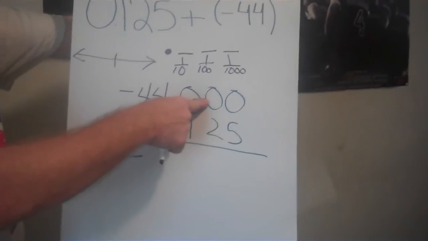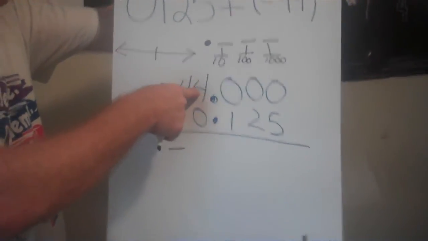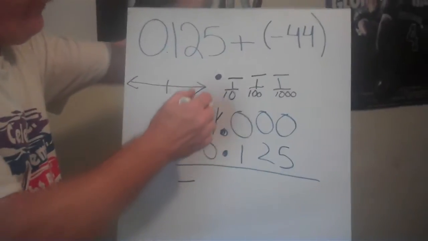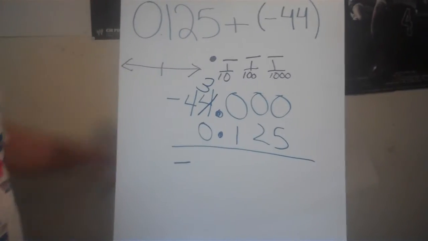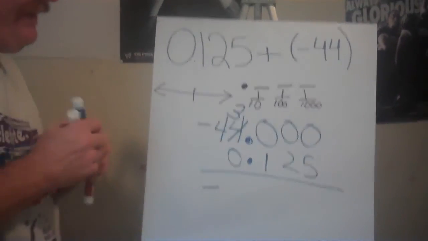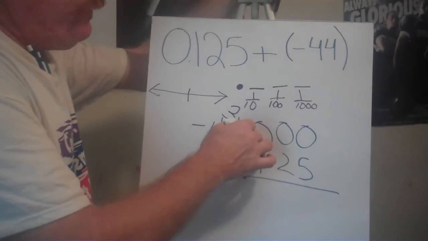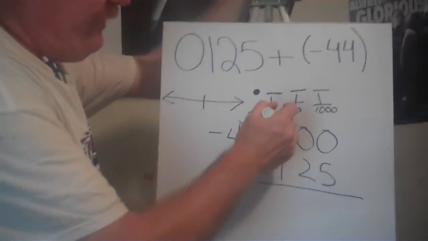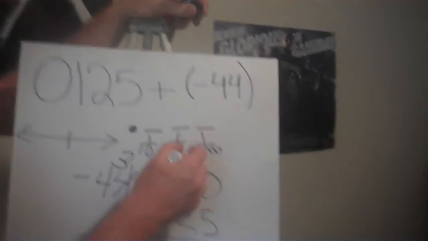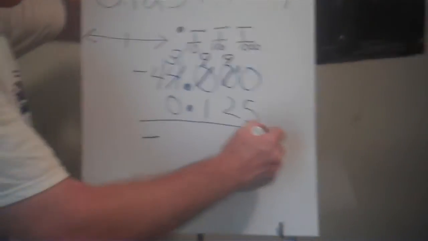But our neighbor doesn't have any hamburgers. His neighbor doesn't have any hamburgers. So boom, we gotta go all the way over here, just like always, and borrow. So we're going to make this a 10, which that's going to be a 9. This is going to be a 9. And now we can take 10 burgers minus 5 burgers.